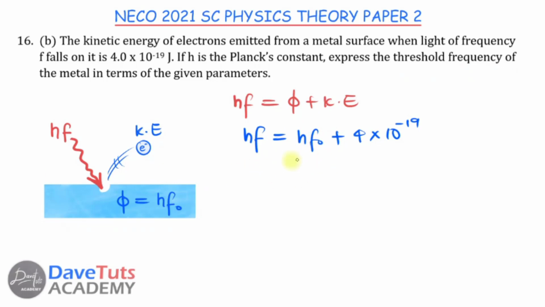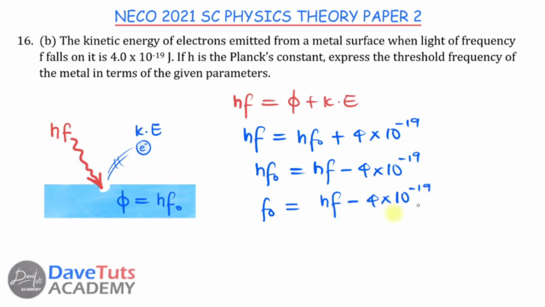So if we rearrange, hf naught is going to be, when the 4 exponent minus 19 moves to the other side, hf minus 4 exponent minus 19, and then f naught itself is going to be hf minus 4 exponent minus 19 divided by the Planck's constant h.